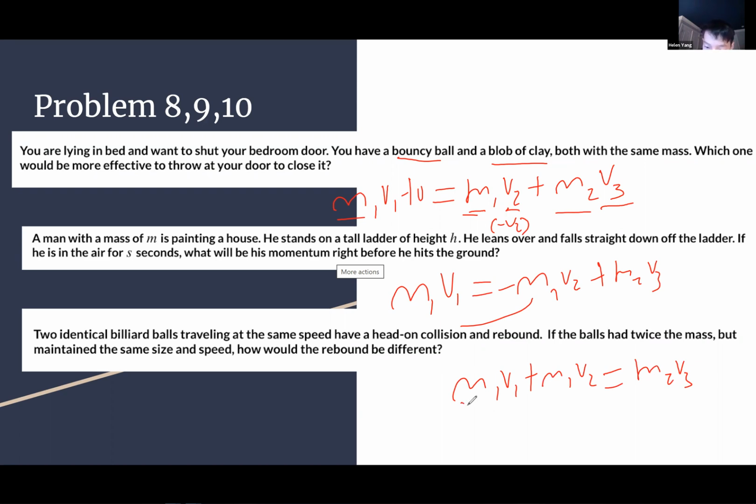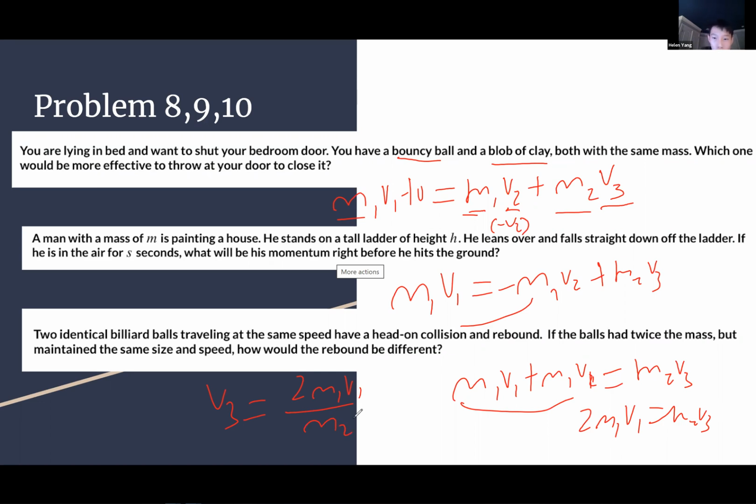Actually, you can assume the velocity that the bouncy ball goes, that you throw, will be the same when it comes back. So these two velocities are the same. So it'd be 2 M1 V1 is equal to M2 V3. So V3 is equal to 2 M1 V1 over M2.